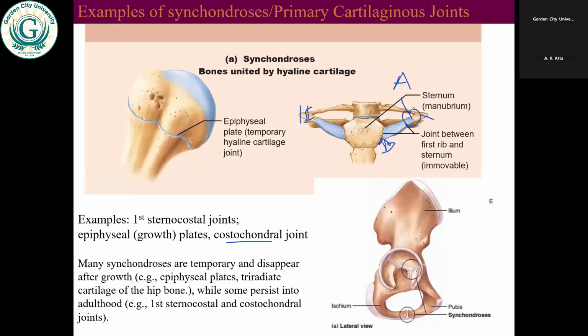I don't have the whole of the sternum, that's why I'm only using this one. But then you remember there will be a second rib too. So between the rib and its costal cartilage, all those ones are costochondral joints. So those ones are all primary cartilaginous joints or synchondrosis.